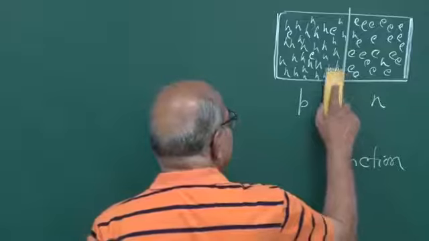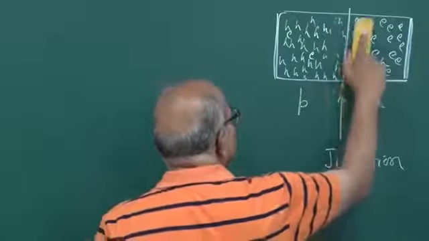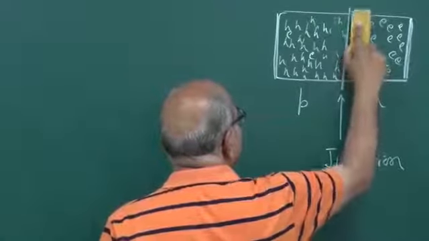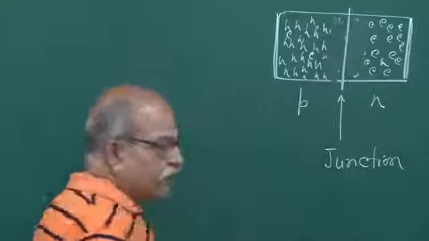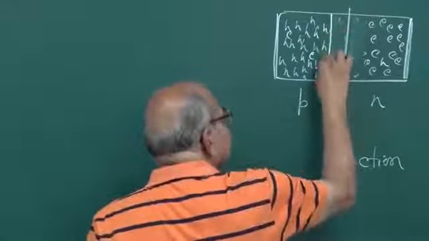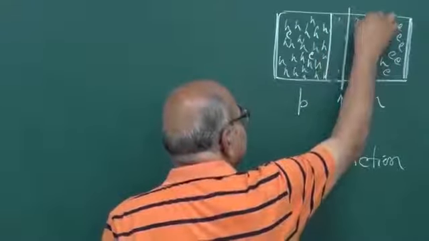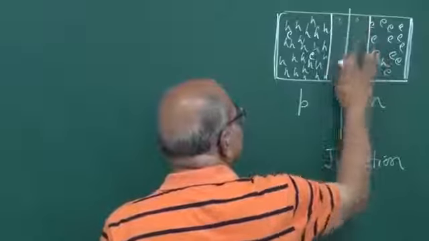There is some region on the two sides of this junction where you do not have charge carriers, right? So you have a region up to here, and up to here you have some region where you have no charge carriers.